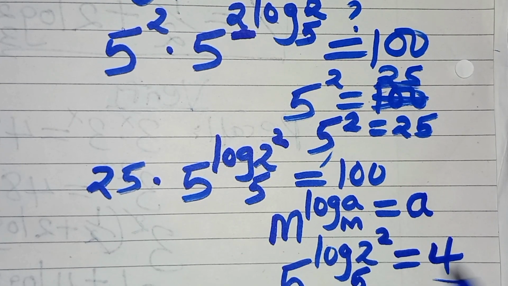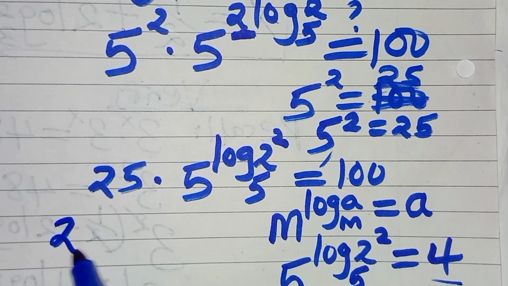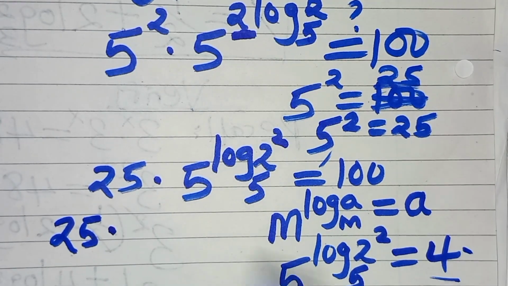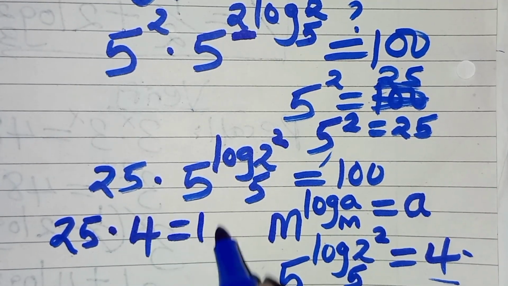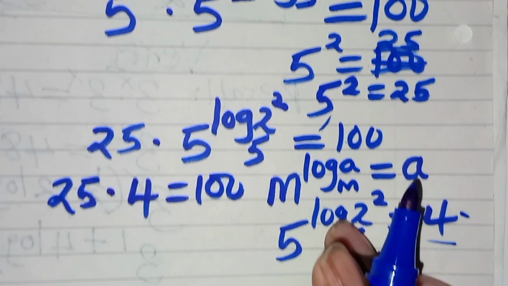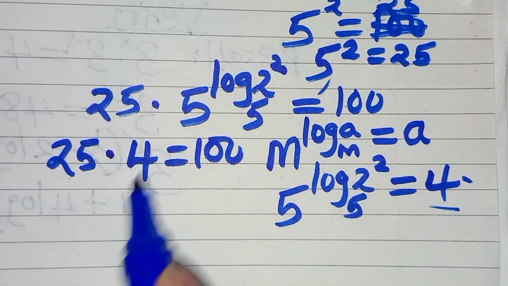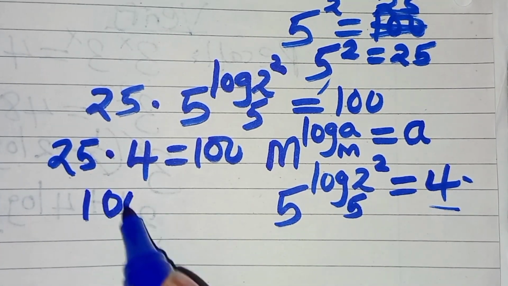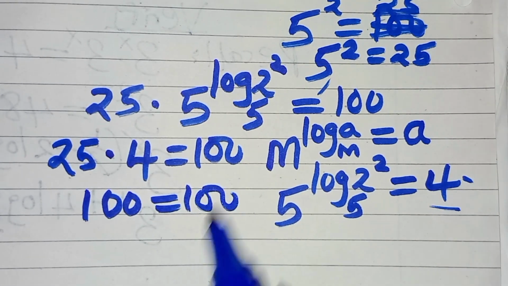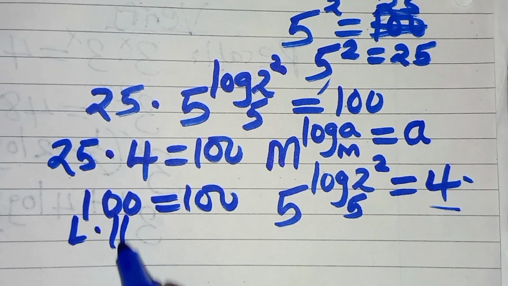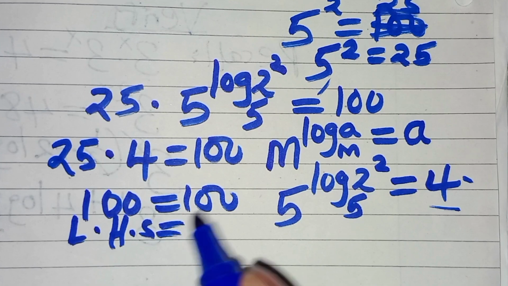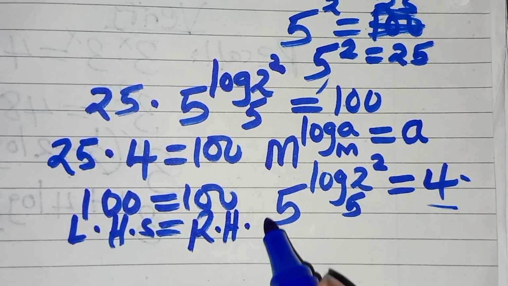So substituting this 4, we'll have 25 multiplied by 4. This should give us a value of 100. And it's true, 25 times 4 is equal to 100. That shows that the left hand side is equal to the right hand side.